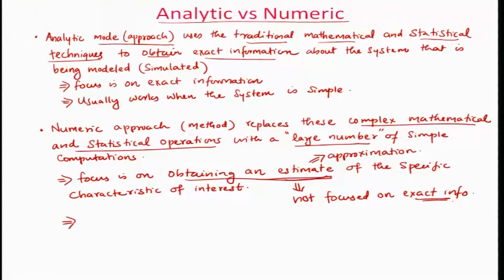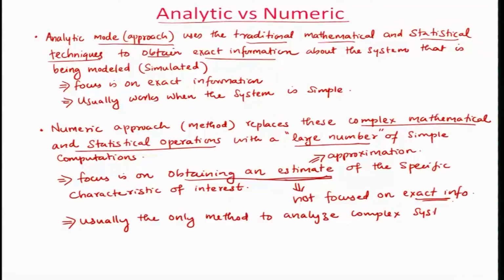Also, usually it is the only method to analyze complex systems. When the system is complex, when the system is complicated, then you would rather use the numeric method or the estimation method, where the aim is to obtain an estimate and not exact information, unlike the mathematical and statistical technique.